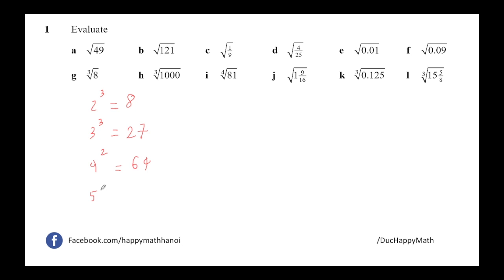And how about 5 cubed? 5 cubed means 25 times 5, which is 125. And you can take examples by yourself, like 6 cubed, 7 cubed, or 8 cubed.